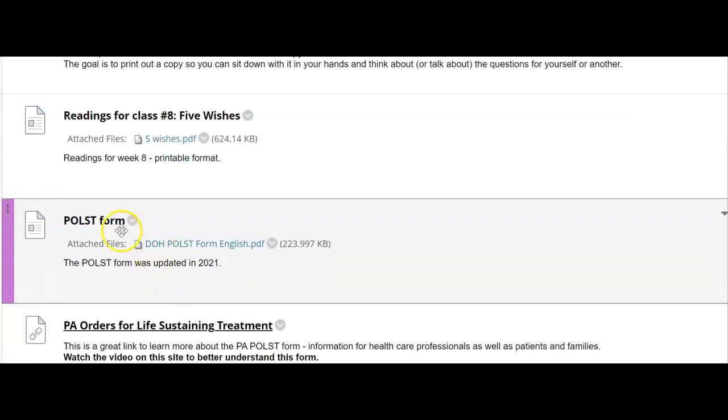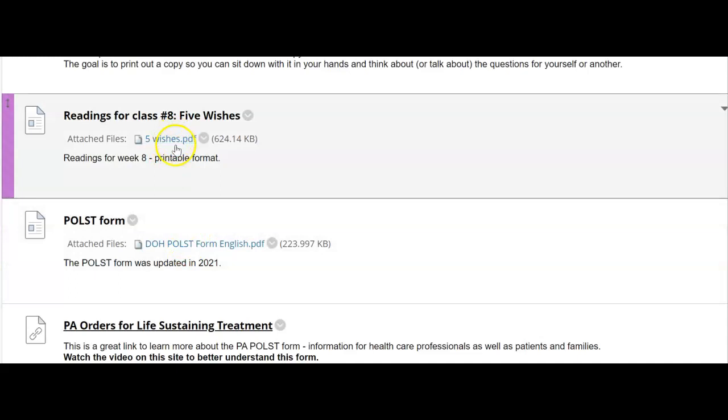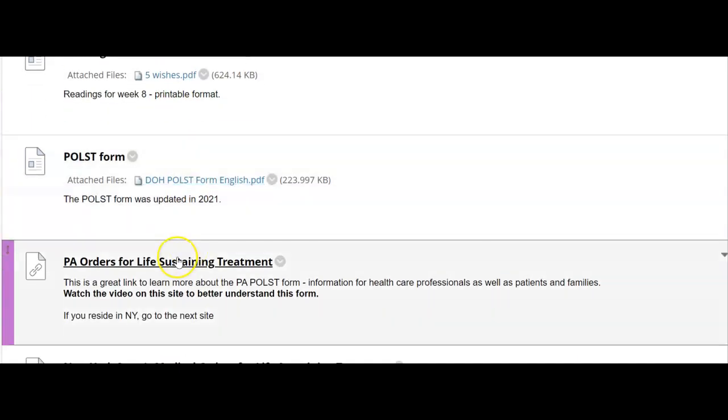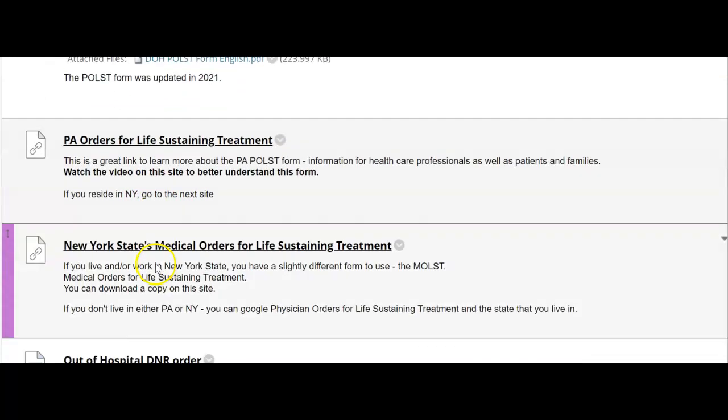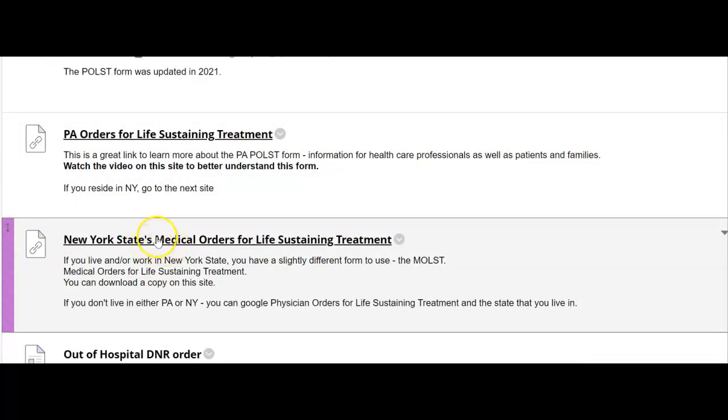Then there's the Pennsylvania physician orders for life-sustaining treatment. You're going to compare and contrast the POLST form with an advance directive. And here is more information about the Pennsylvania POLST. If you reside in New York State or work in New York State, you can look at the next link instead.